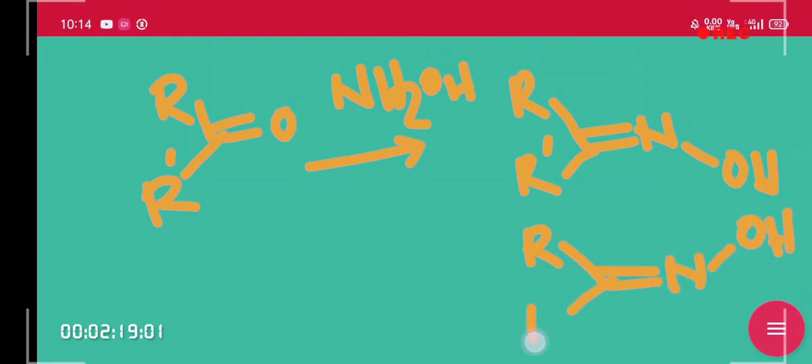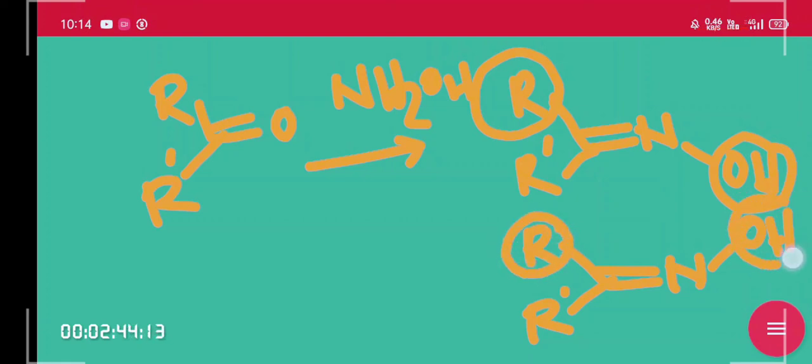OH, R prime. Here if you say syn and anti, you have to define with respect to whom you are doing it. If, let's say, you are doing nomenclature with respect to this R, then with respect to R, in the first structure R and OH are anti. So the first structure will be anti with respect to R. But the second structure will be syn with respect to R, as they are on the same side.